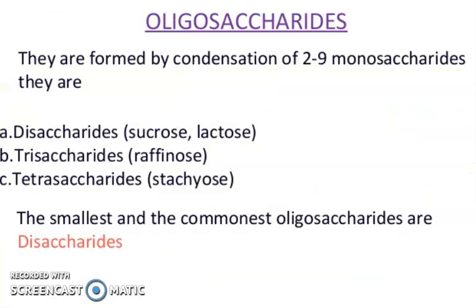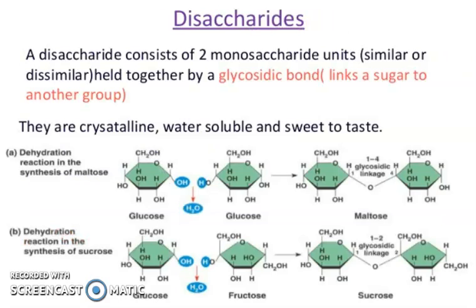Now friends, oligosaccharides. They are formed by condensation of 2 to 9 monosaccharides. They are disaccharides, sucrose, lactose; trisaccharide, raffinose; tetrasaccharide, stachyose. The smallest and commonest oligosaccharides are disaccharides. Disaccharides consist of 2 monosaccharide units, similar or dissimilar, held together by a glycosidic bond.